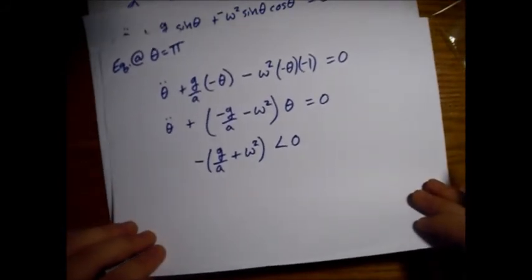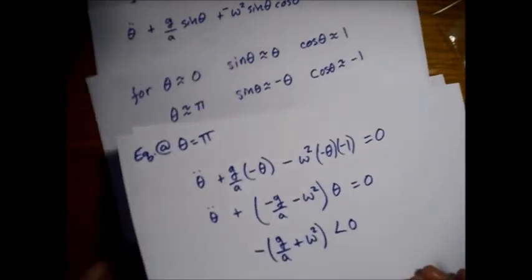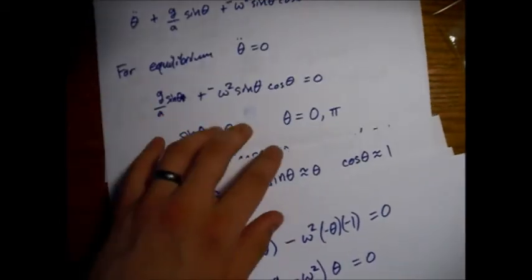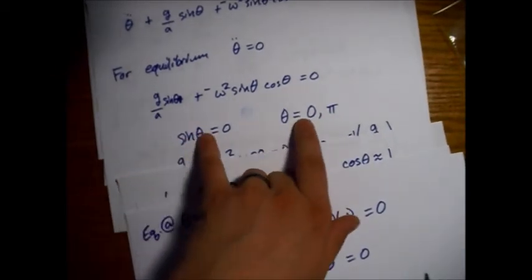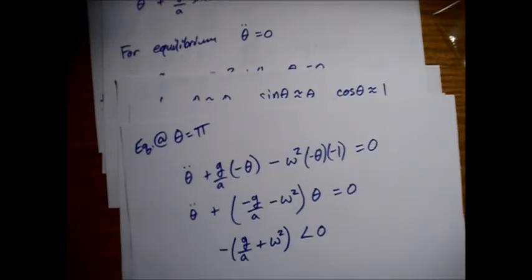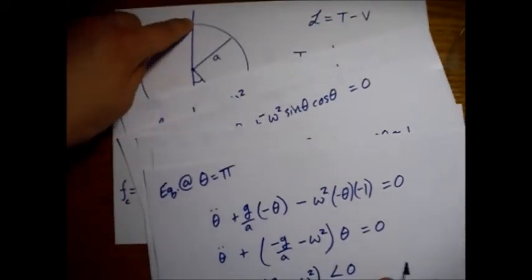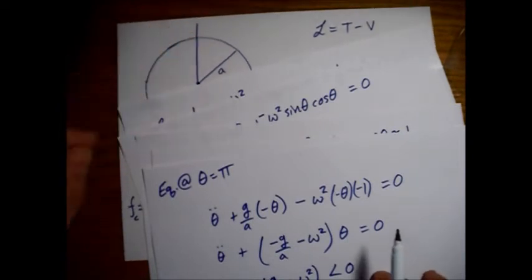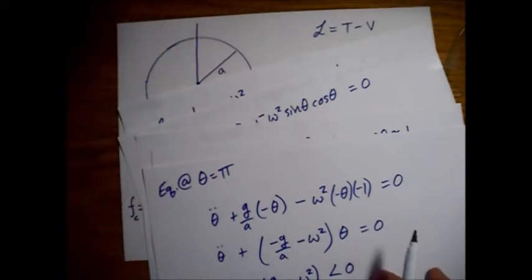So that takes care of our two equilibrium positions relating to this condition right here. The one up at pi is always unstable. There's no way you can stably balance a bead up here on this frictionless hoop, and if you perturb it slightly, it's not going to go back to its place. It's going to get further and further away, and it's going to fall off.